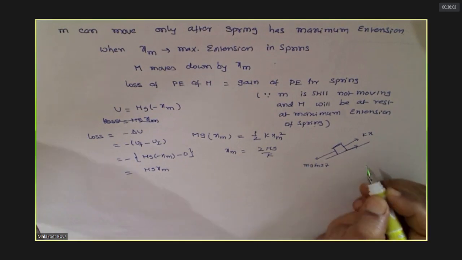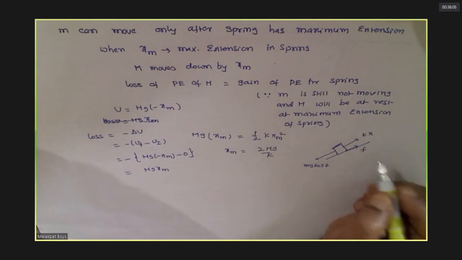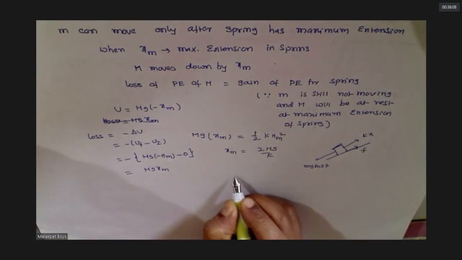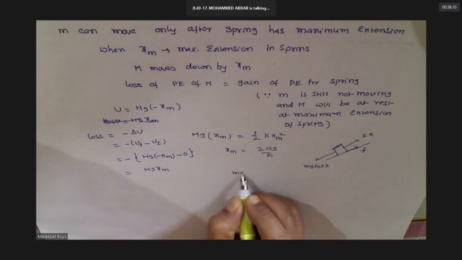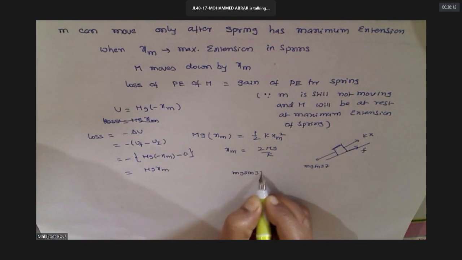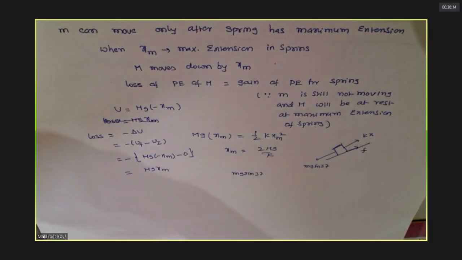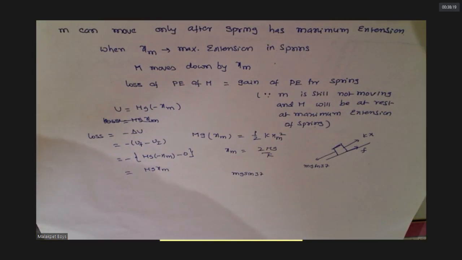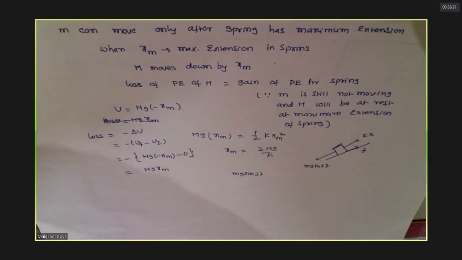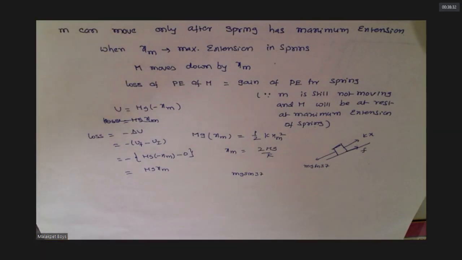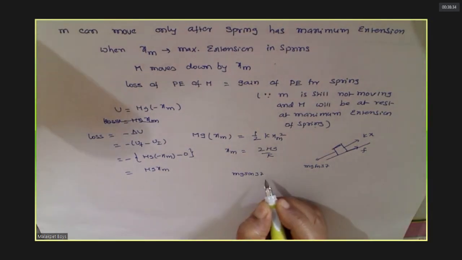The block has a tendency to move down, so friction is upward, no? But here the block is going to move up the plane. Right now, what does the block tend to do? It is tending to move up. Spring force will try to pull it up. If it already has a tendency to move up, why do you need a spring force? Understood this or not? Yes, sir.